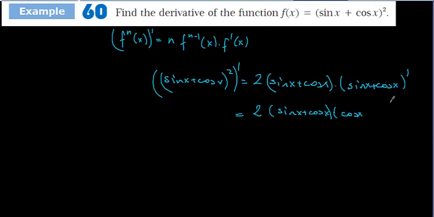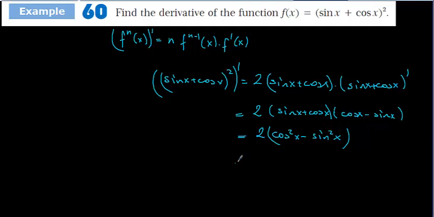The derivative of cosine x is equal to minus sine x, and the expression here is 2 times (sine x plus cosine x) times (cosine x minus sine x), or (cosine x plus sine x) times (cosine x minus sine x), which is going to be equal to 2 times cosine square x minus sine square x, since (a plus b) times (a minus b) is equal to a square minus b square.